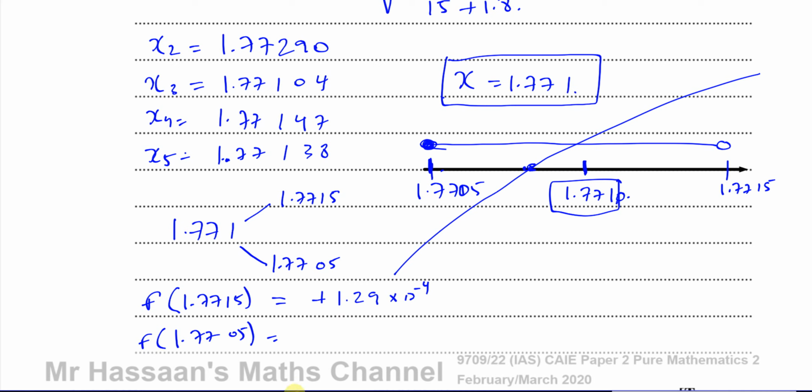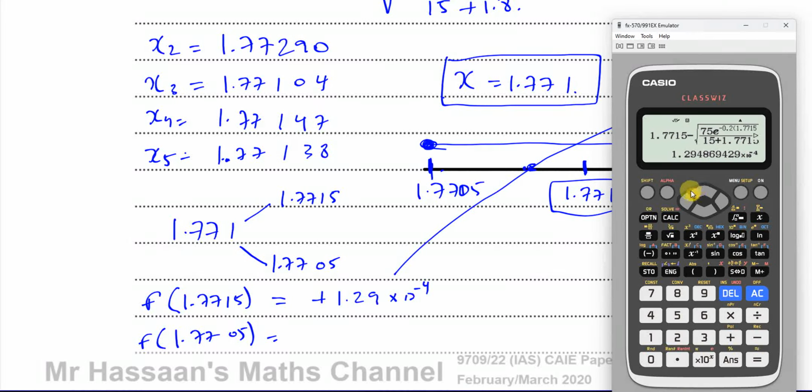Now if I put in 1.7705 instead, so if I go and change this for a 0.5 in this position, and also in this position, and also back here.